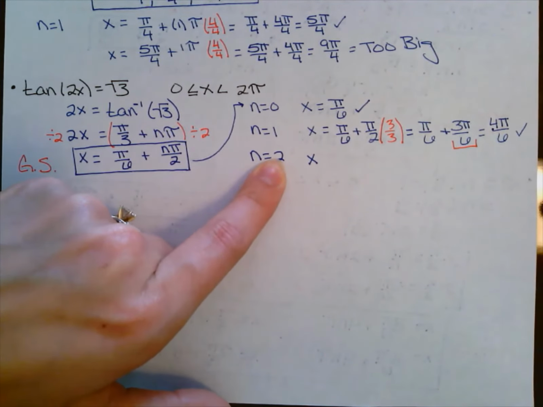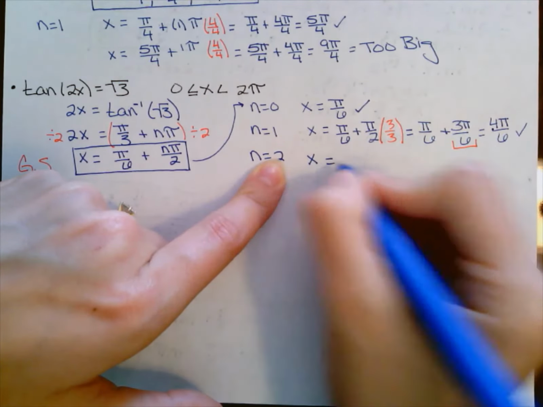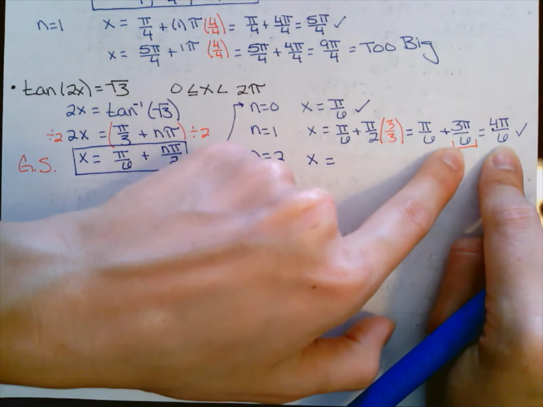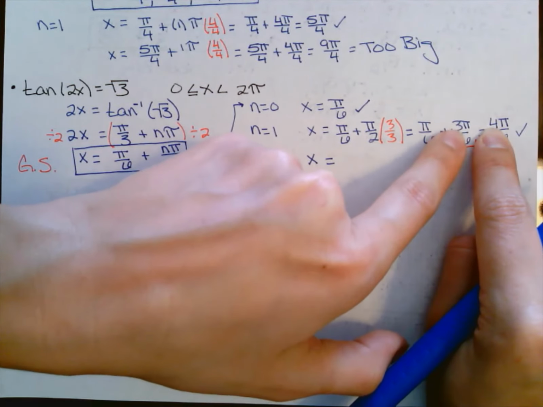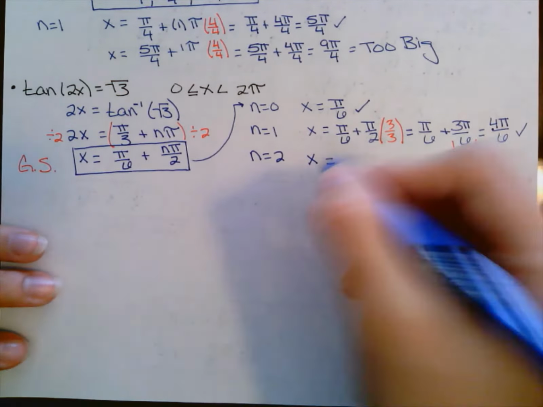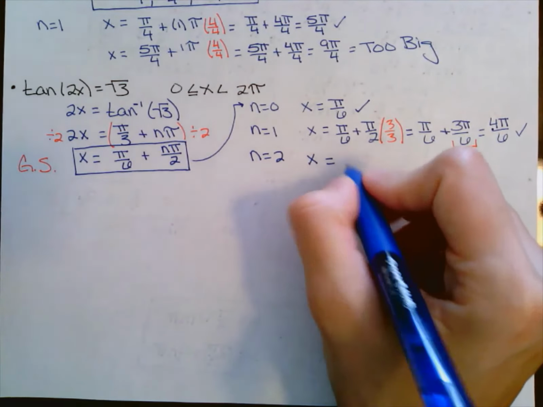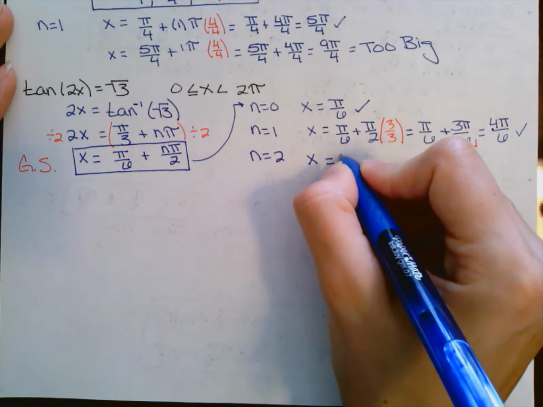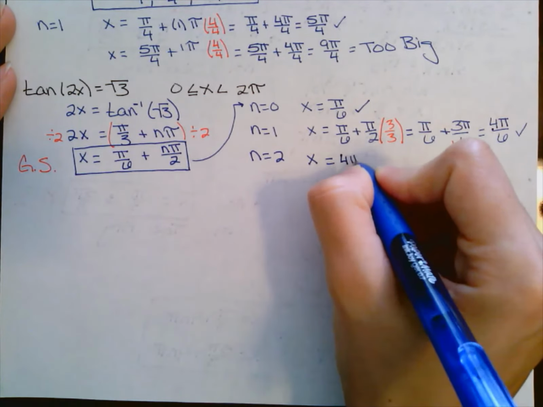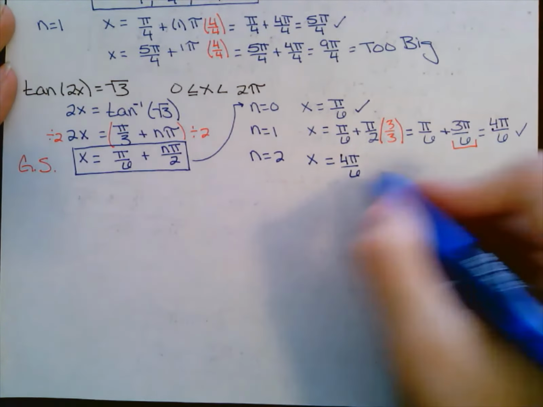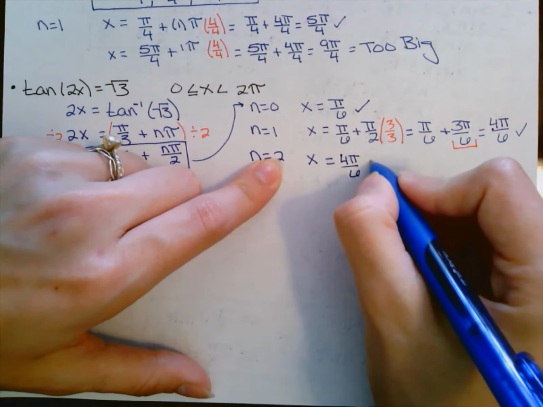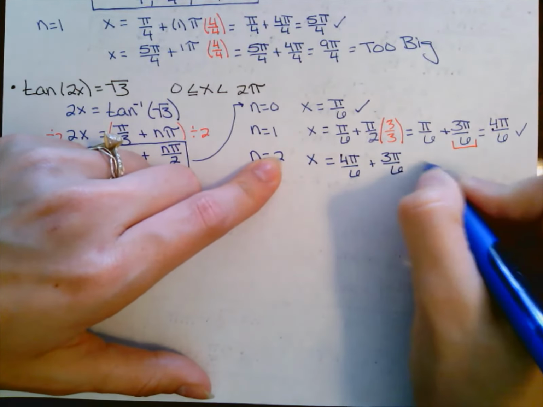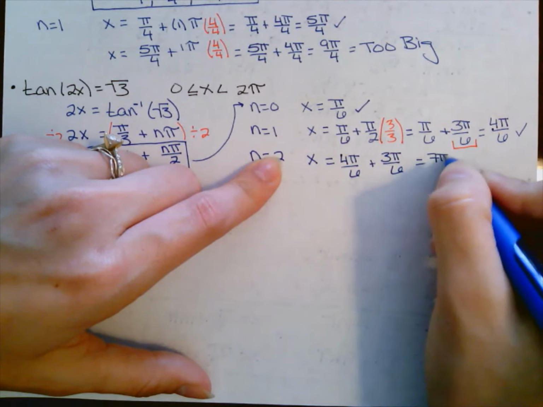So if I have 4 pi over 6 and I am adding another 3 pi over 6, 4 and 3 makes 7. Okay, so I'm going to walk through the slow motion here, but know that you can do the fast version. So I have 4 pi over 6. I'm adding a second time my common denominator, which is 3 pi over 6, which gives me 7 pi over 6.